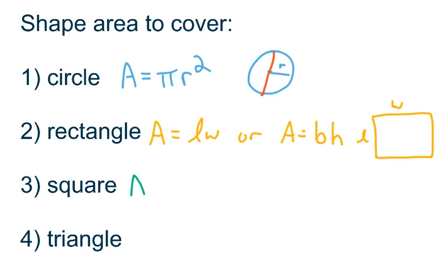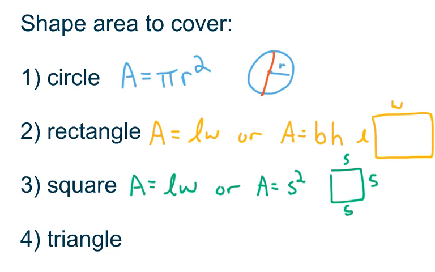Square, well, a square is technically a rectangle, so you can do length times width. Or since a square has all the sides congruent, you can just do side squared. So if I have a square here, and let's say it has a side of 5, I know that all of my sides are going to be 5, so instead of saying 5 times 5, you can just say 5 squared. They're the same thing.